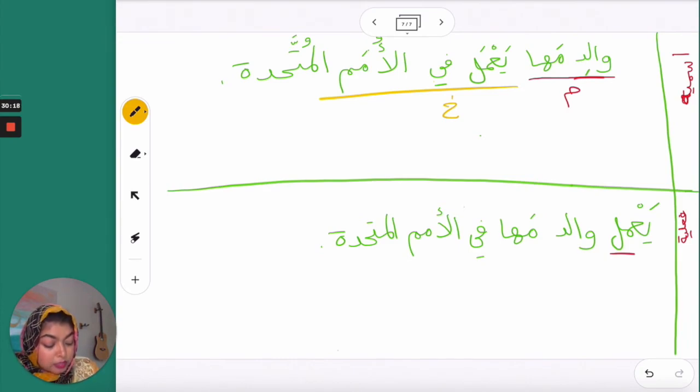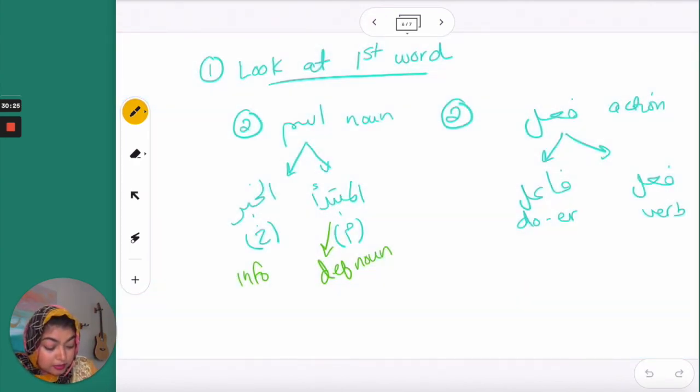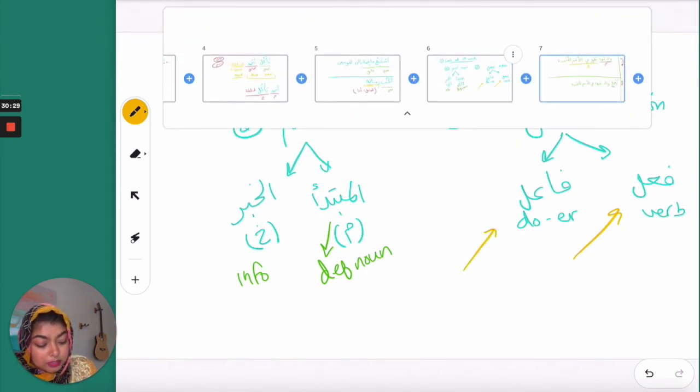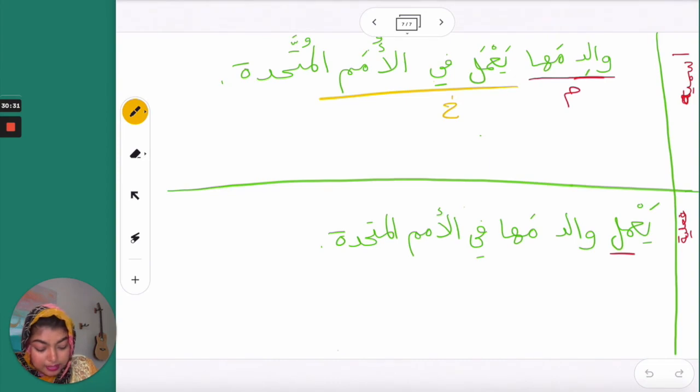Okay. The second one starts with يعمل. So it starts with a verb, which means the two parts of the sentence are going to be فعل والفاعل. So we look at this and we say, okay, يعمل. Let's do it in a different color, shall we?